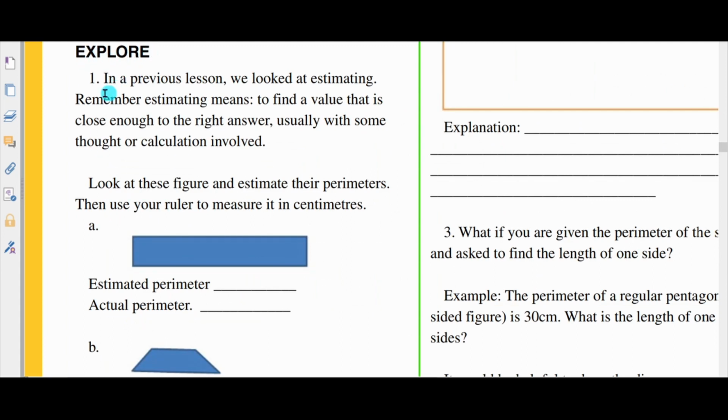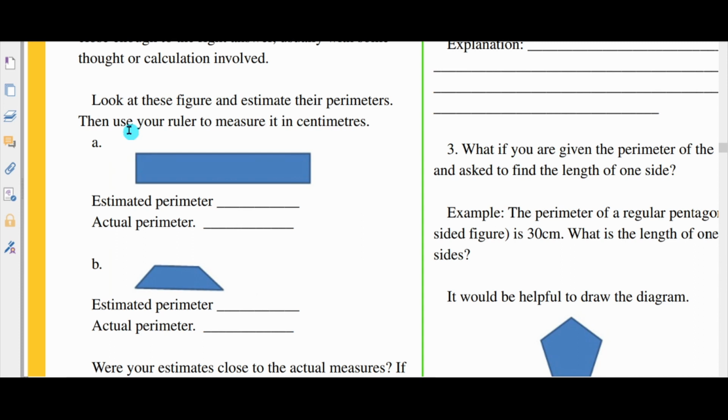Explore. In a previous lesson, we looked at estimating. Remember, estimating means to find a value that is close enough to the right answer, usually with some thought or calculation involved. Look at these figures and estimate their perimeter. Then you can use your ruler to measure it in centimeters.